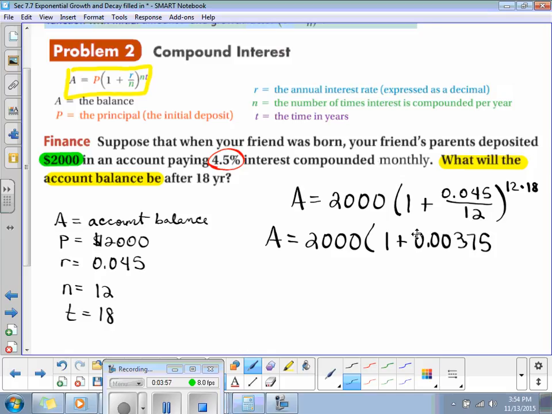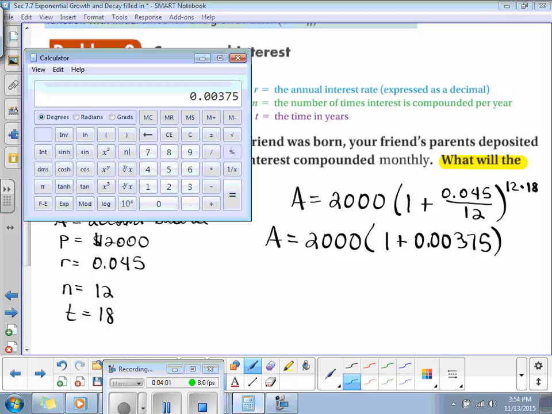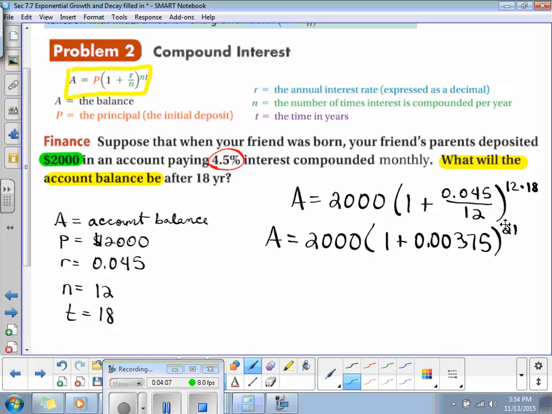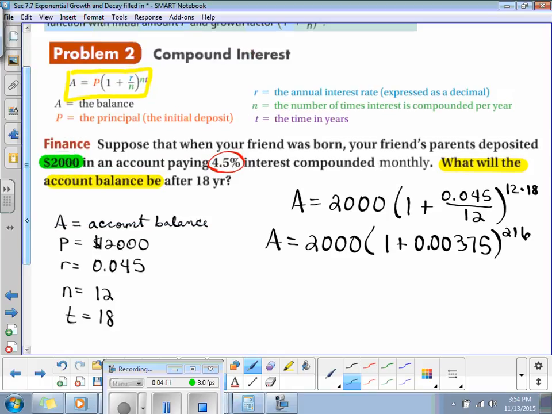And then 12 times 18 is 216. Okay? So now we've got 2,000. Oh, I guess I could have added this at the same time. 1.00375 to the 216th power.